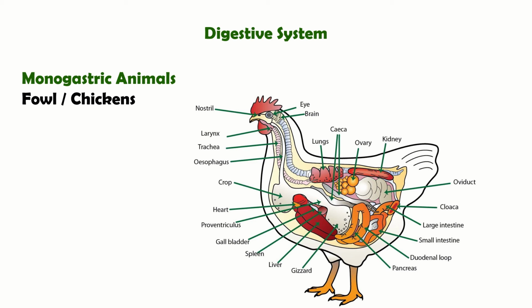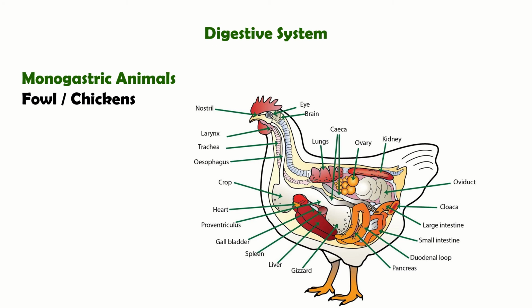Okay, so the digestive system of the chicken starts with the beak, the esophagus, the crop, the proventriculus, the gizzard or the ventriculus, the small intestine, the liver, the pancreas, the spleen, and the gallbladder. Okay, and then we have the ceca, the large intestine, and then the cloaca.